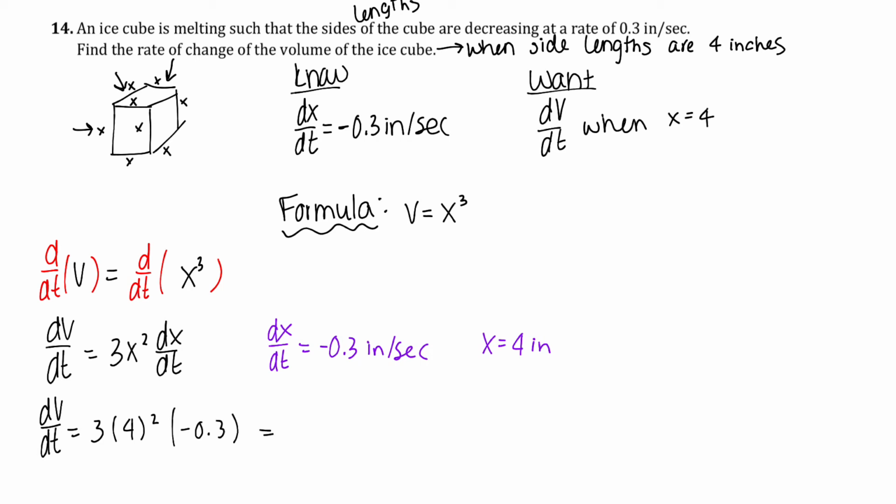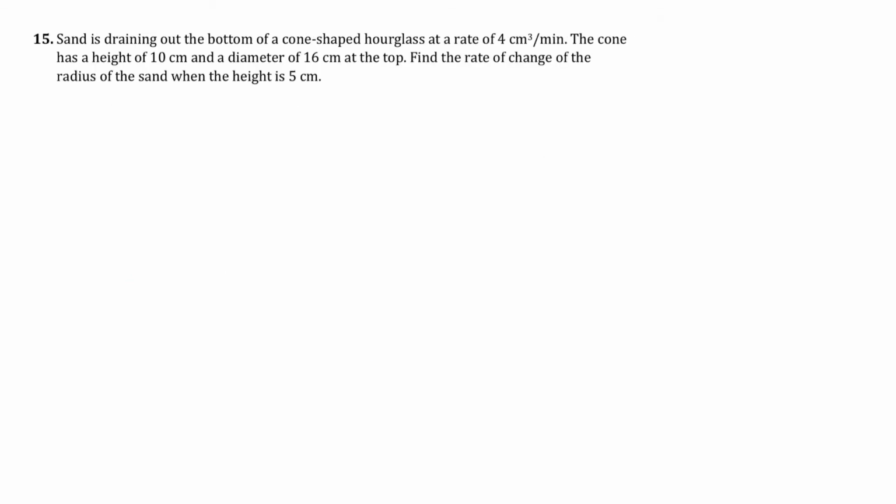So we have 3 times 16 times negative 0.3, negative 14.4. And now volume, if the side lengths are in inches, volume is in inches cubed, and then the time is in seconds. So the volume of the cube is changing at a rate of negative 14.4 inches cubed per second.